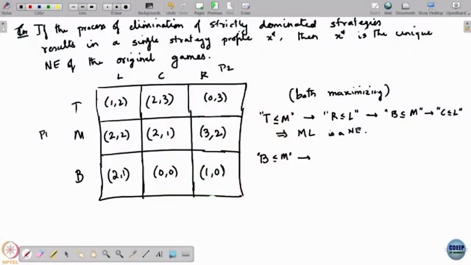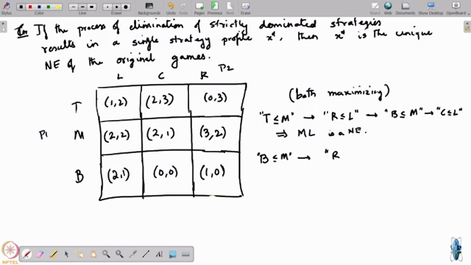Now, in this, does anything dominate anything else? R dominates C. Let us see what happens.